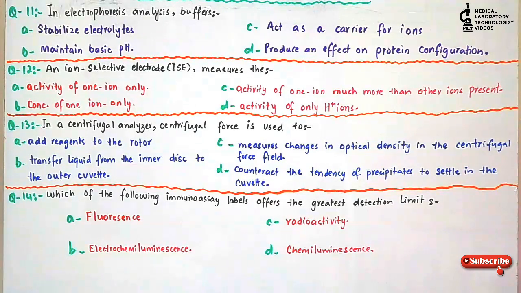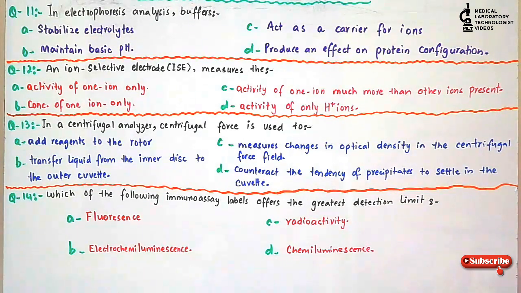Next question is question number 12. An ion selective electrode measures the: option A, activity of one ion only; option B, concentration of one ion only; option C, activity of one ion much more than other ions present; and option D, activity of H plus ions only.